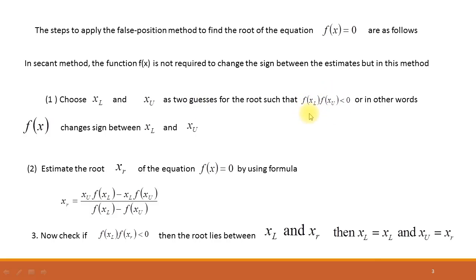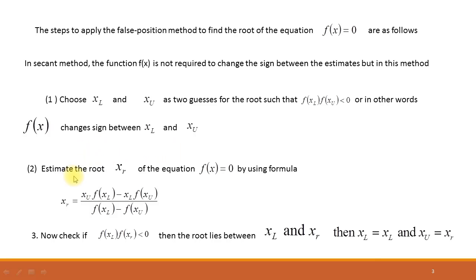That is, the product of the function at x_l and x_u is less than 0. This means that the function has positive sign at x_l and negative sign at x_u, or positive sign at x_u and negative sign at x_l. In other words, the function changes sign between these two roots.